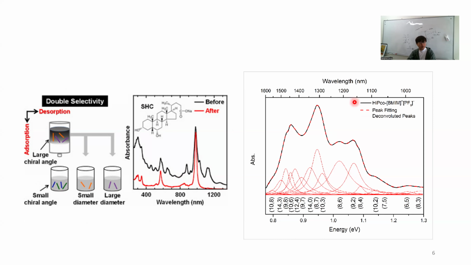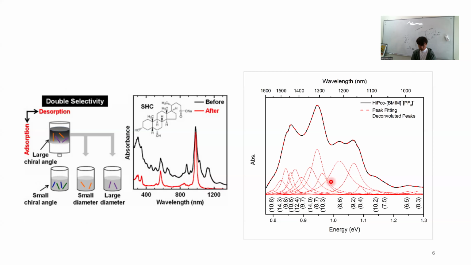For example, in this figure, the X axis is the wavelength, and the Y axis is the absorbance. Then what we are showing is this kind of broad spectrum, but hidden in the broad spectrum are many kinds of single chirality nanotubes, and when deconvoluted properly, we can find out how much of each chirality is inside the solution.